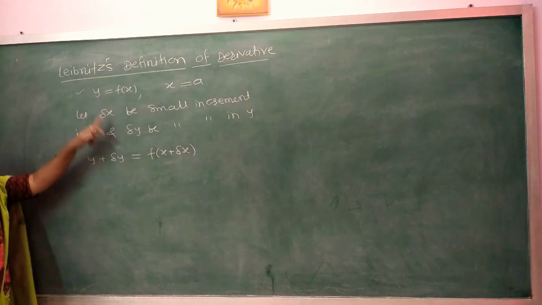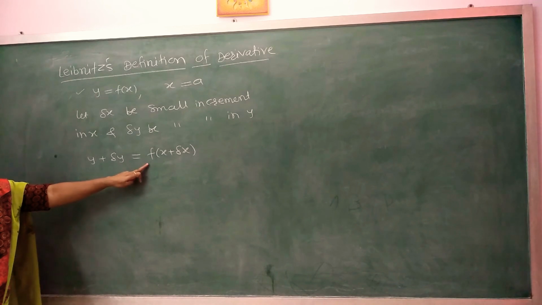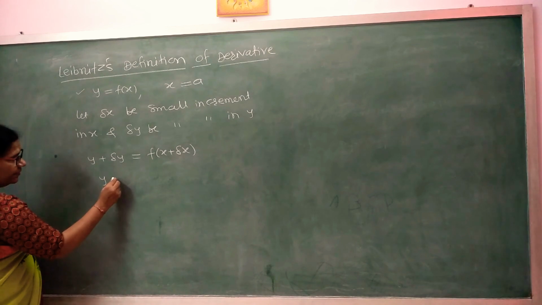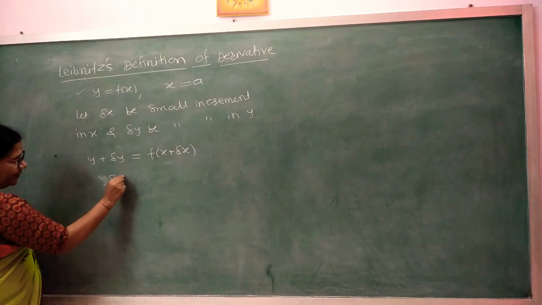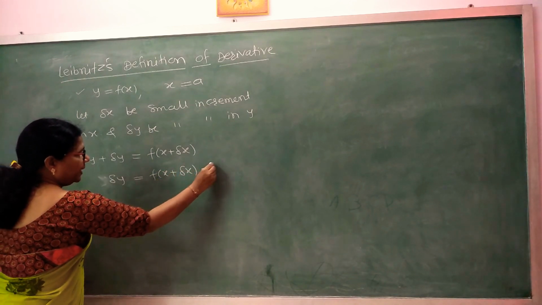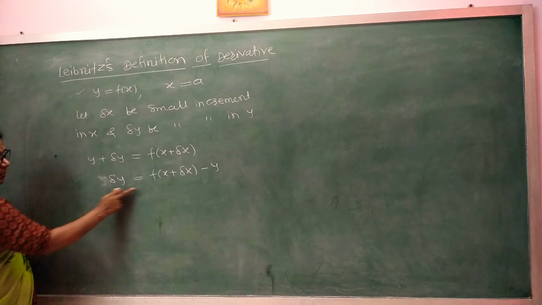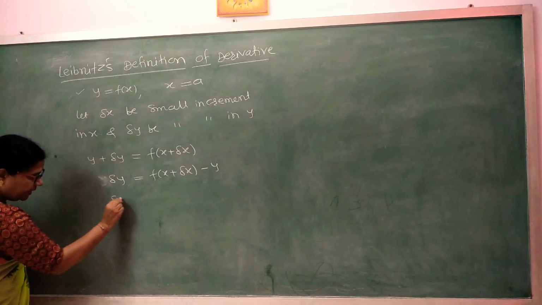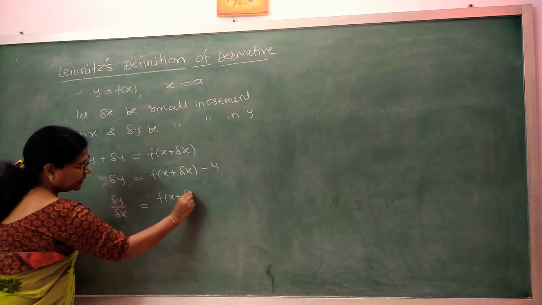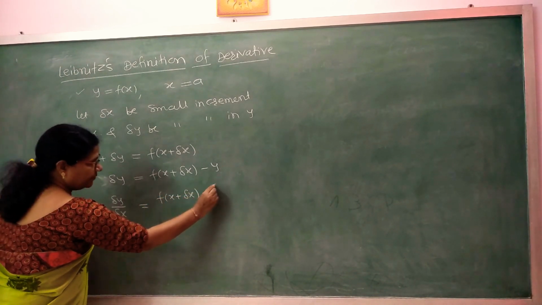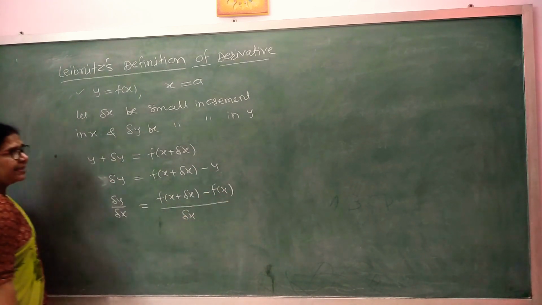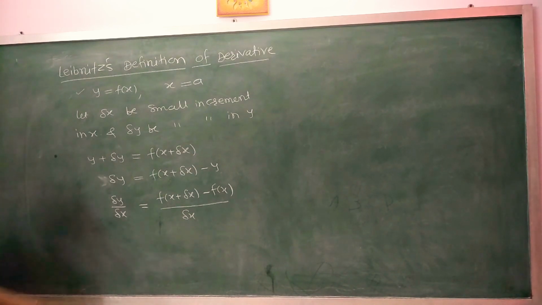That is, delta y equal to f of x plus delta x minus y. Now divide both the sides by delta x. Delta y by delta x is equal to f of x plus delta x minus f of x divided by delta x, where this delta x is a very small increment.